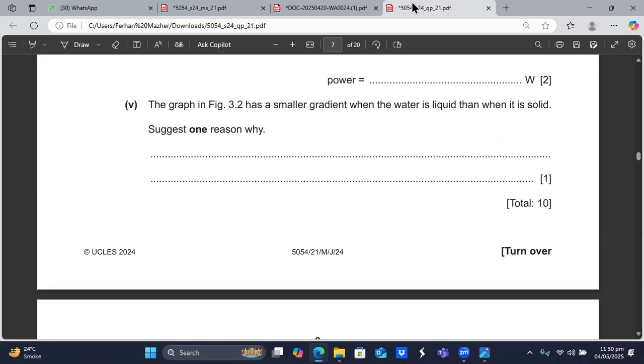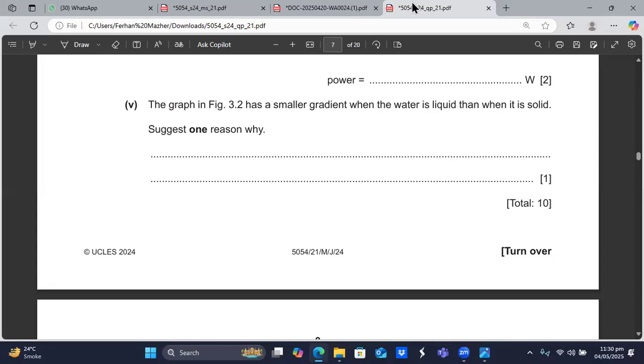It says the graph in the figure 3.2 has a smaller gradient when the water is liquid than when it is solid. So that's the reason why, when the water is in the liquid form, its gradient will be smaller in the heating curve. The reason is the water has a higher specific heat capacity. The ice has less specific heat capacity and the water has higher specific heat capacity.